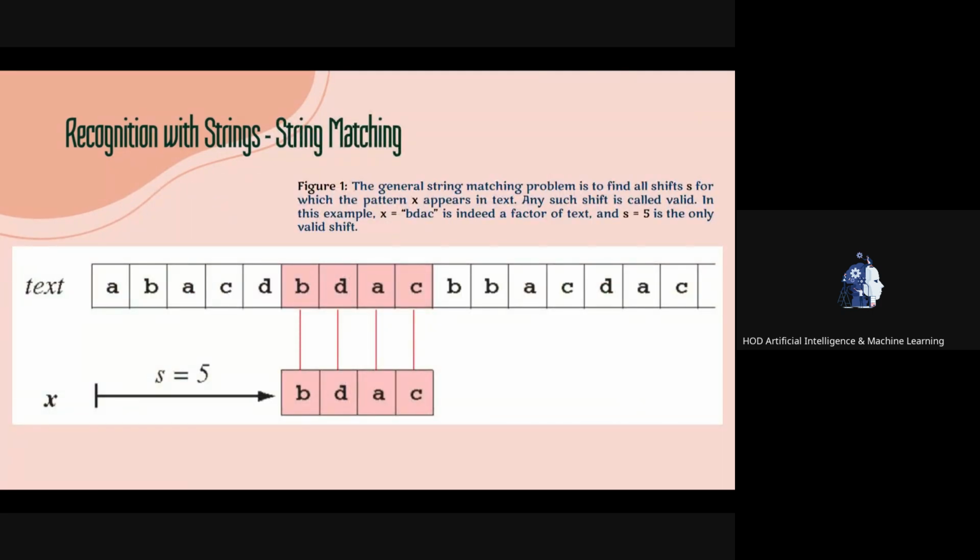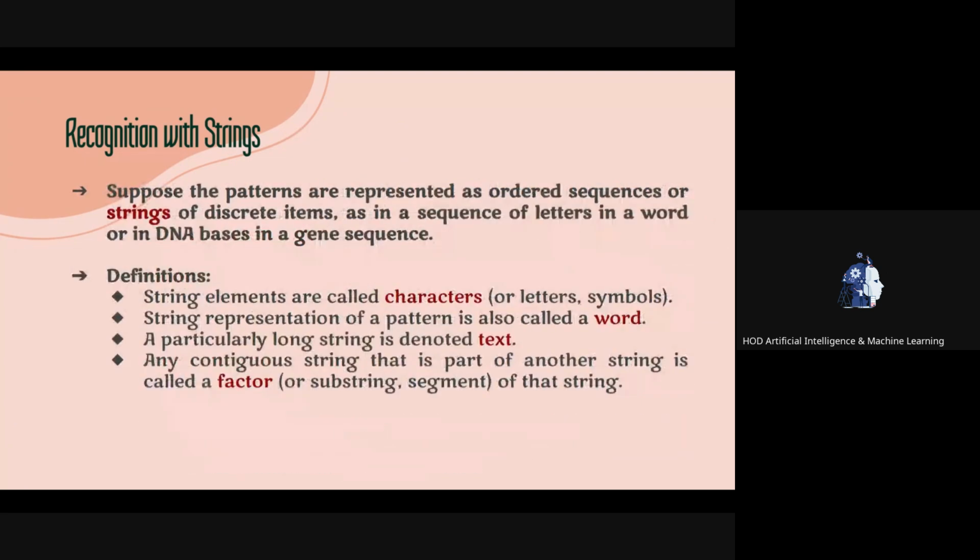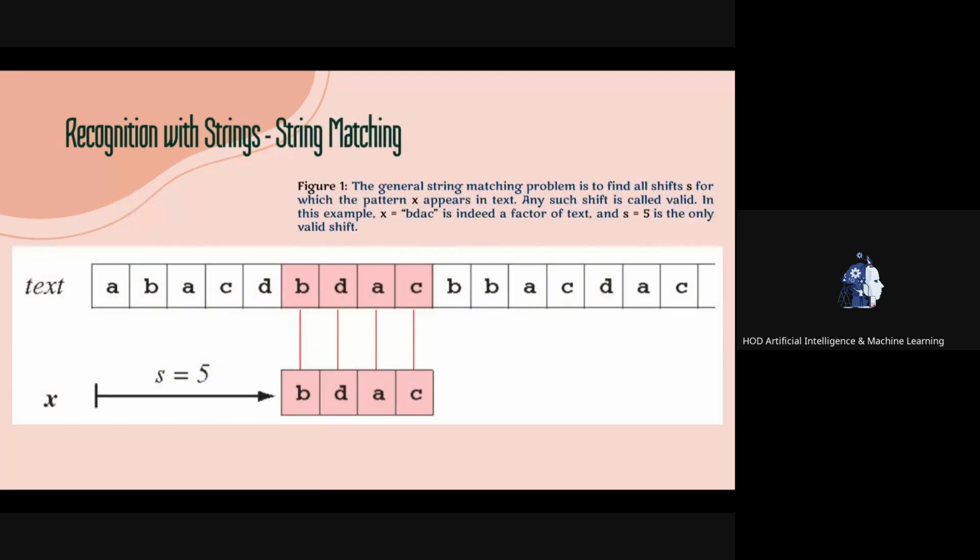As I said, the first problem is string matching. What is string matching? I told you, this is a text. What do we mean by text? We have given a definition: a particularly long string is denoted text. That's what is given here.